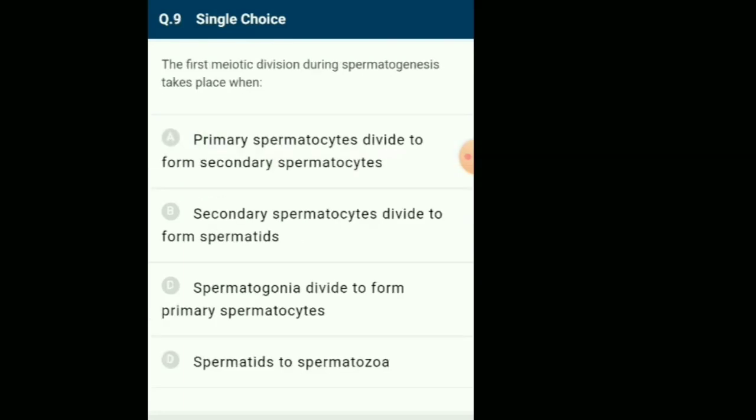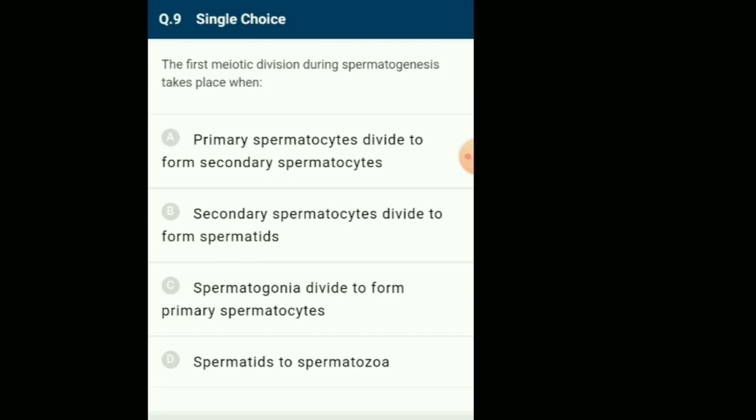Question number 9. The first meiotic division during spermatogenesis takes place when? Spermatogenesis is a highly specialized process of cellular differentiation resulting in the formation of functional spermatozoa. It begins with diploid spermatogonium in the seminiferous tubule, which divides mitotically to produce two diploid primary spermatocytes.